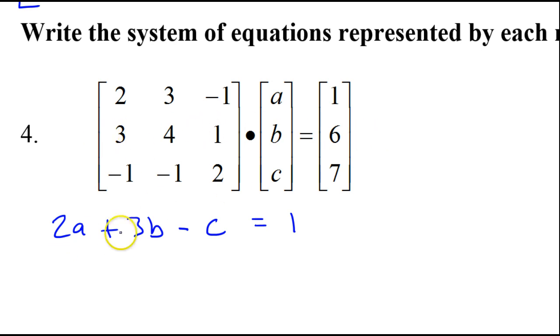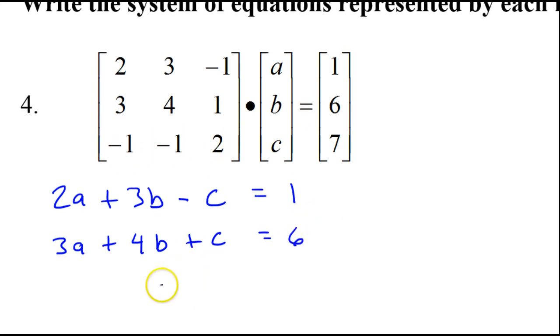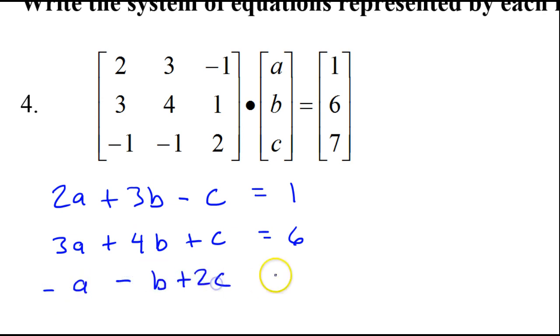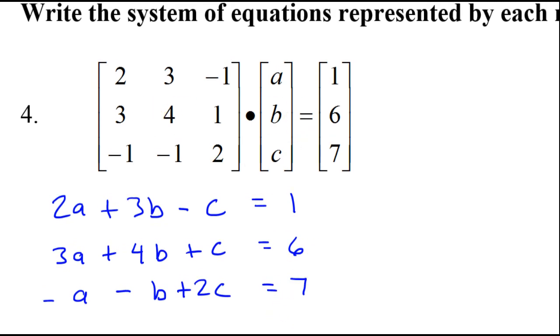Now looking at the next line, I've got 3a plus 4b plus c, that's the 1, is equal to 6. And then the last row gives us negative a minus b plus 2c is equal to 7. So there's a system of equations that would be represented by this matrix equation.